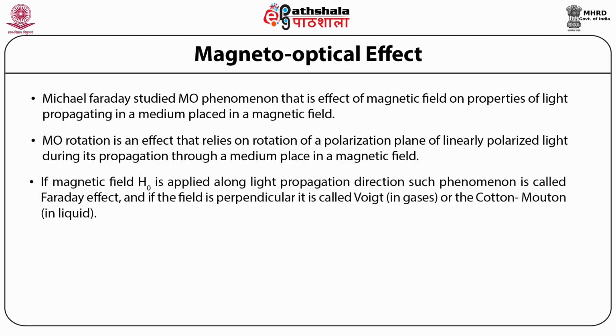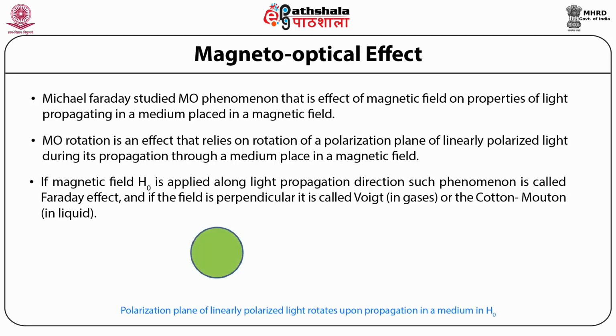If a magnetic field H₀ is applied along the light propagation direction, such a phenomenon is called the Faraday effect, and if the field is perpendicular, it is called the Voigt effect in gases or Cotton-Mouton effect in liquids.